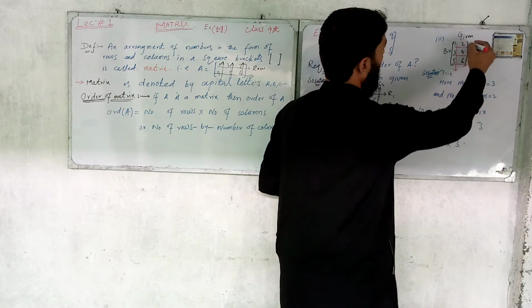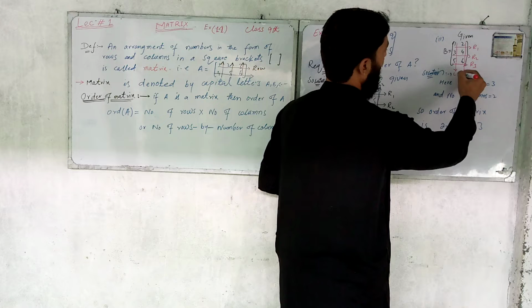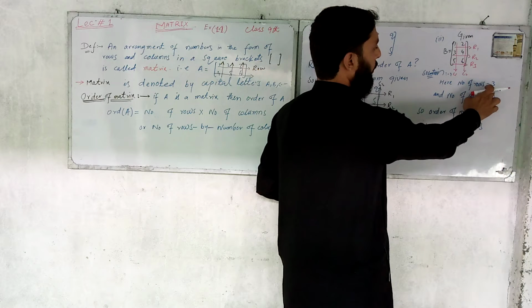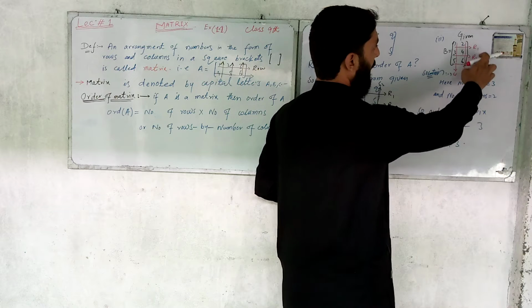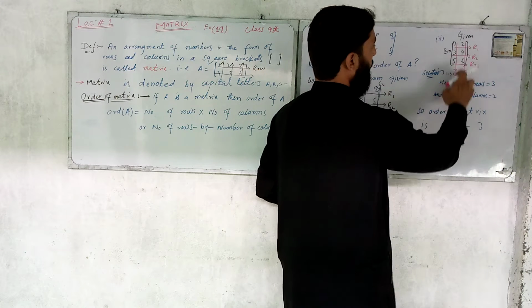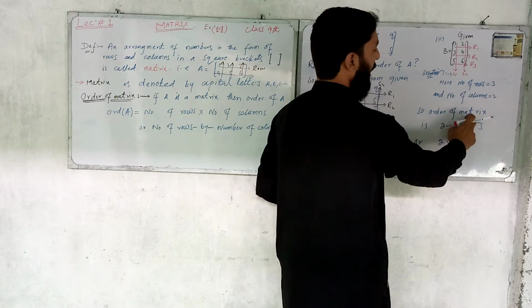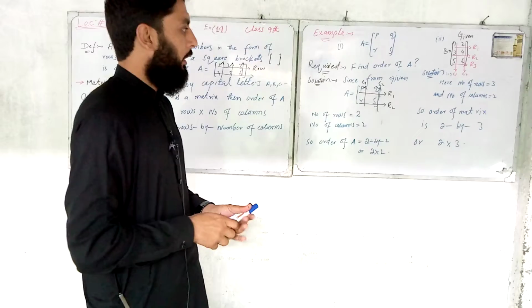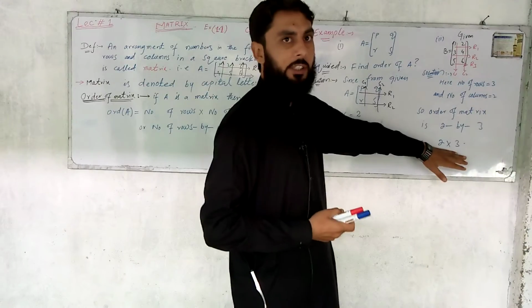And this is column 1, this is column 2. So the number of rows is 3 and the number of columns is 2, C1 and C2. So the order of the matrix is 3 by 2, or 3 cross 2.